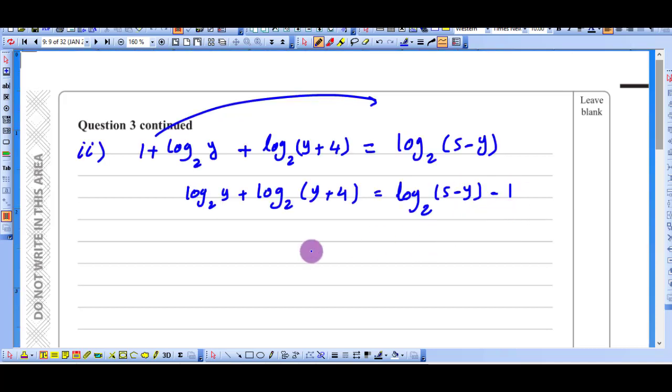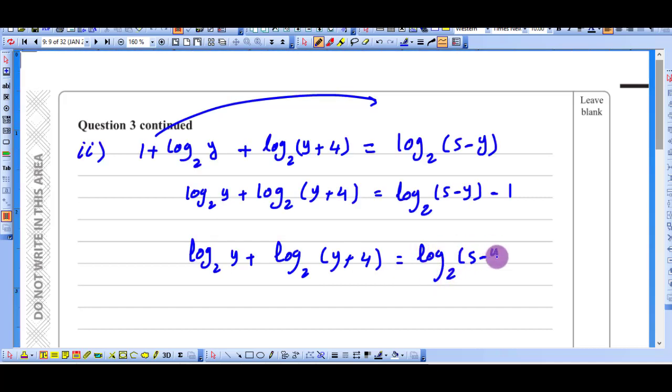We know that 1 is equal to log base 2 of 2, so we will have log base 2 of y plus log base 2 of y plus 4 equal to log base 2 of 5 minus y minus log base 2 of 2.